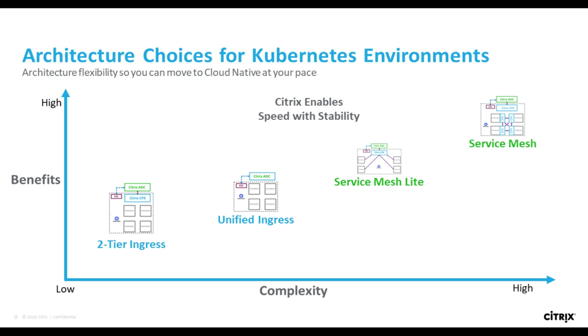And now instead of individual microservices speaking to each other through APIs, they are speaking through sidecar ADCs. And there are strong benefits to it. First, it gives you a lot of visibility into each and every traffic. It gives you much higher security because now you can define policies on which microservice can speak to another microservice.